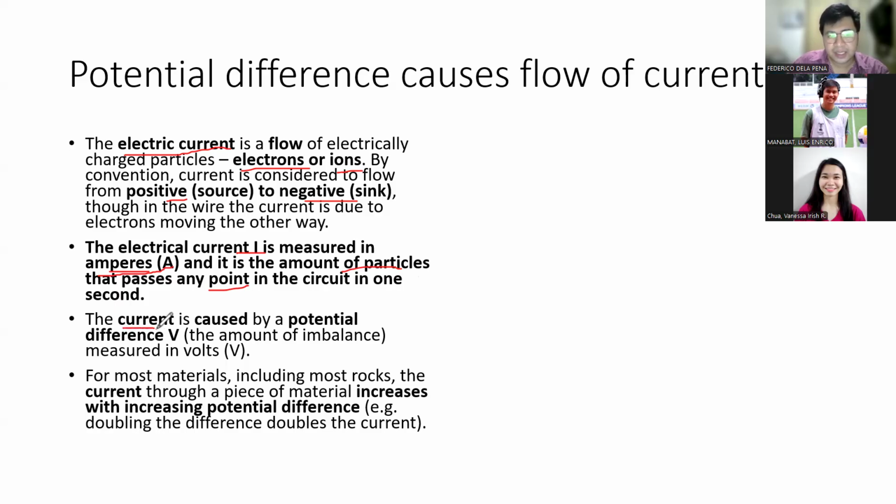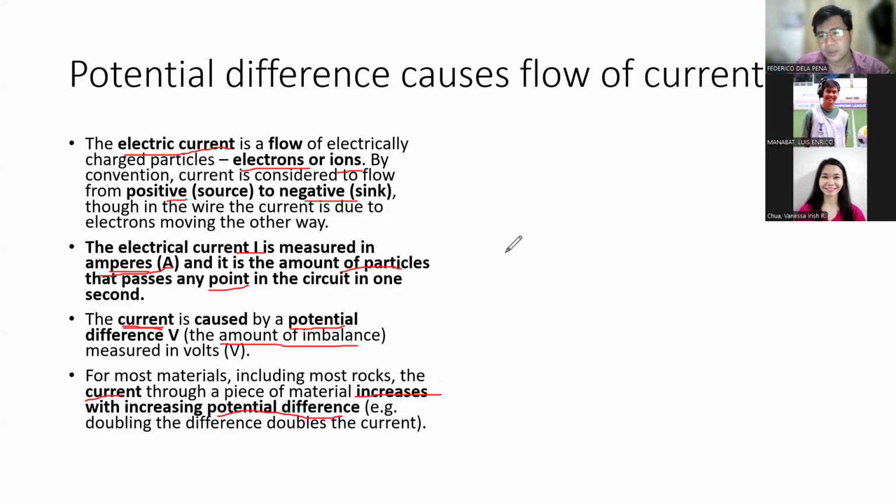And current is simply a result of potential difference, right? A current will flow whenever you create an imbalance in the electric potentials. For most materials, you get more current whenever you have an increase in the potential difference.